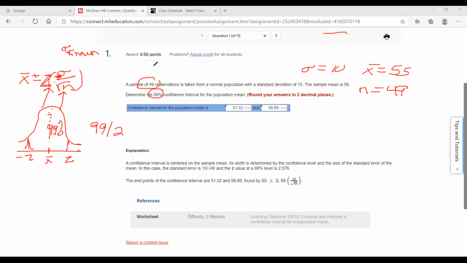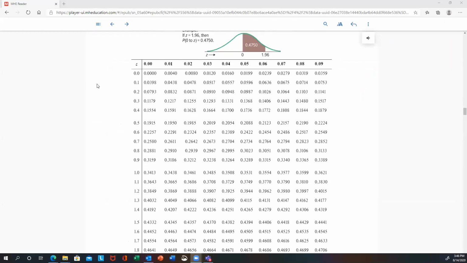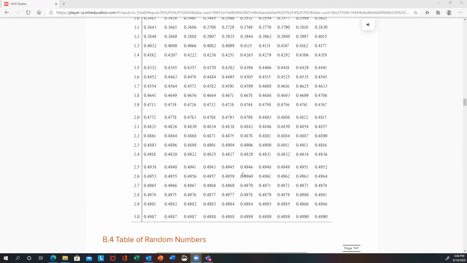Let me do a different screen share with you. Now I'm on your normal curve. If you take the 99 and divide that by 2, you're going to get right at 0.495.